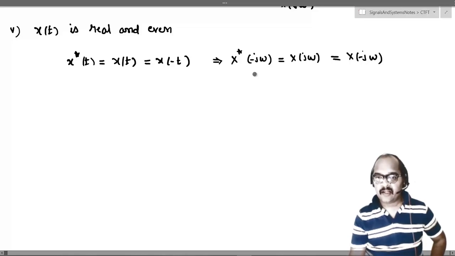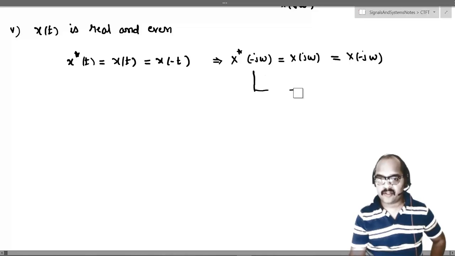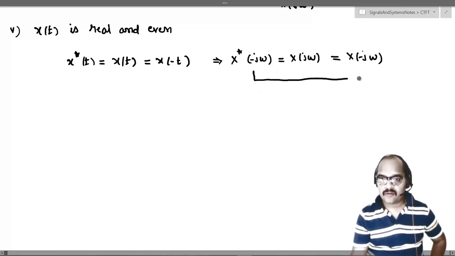Now let us see what these two will give as information. The conjugation of a function is equal to the function itself. That implies it should be real, correct? And what happens to these two results?